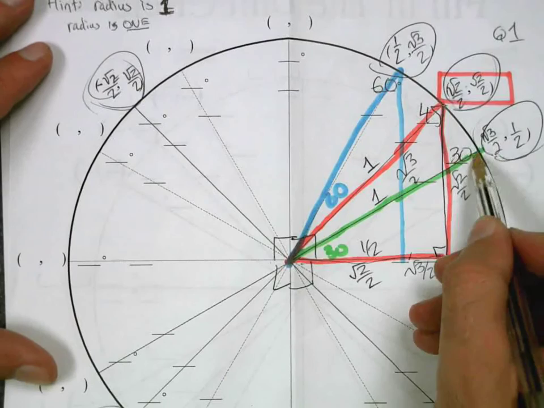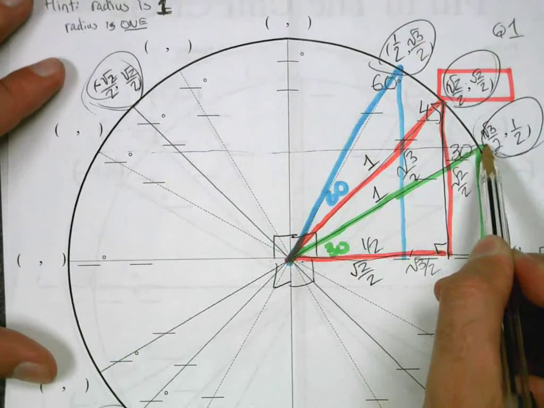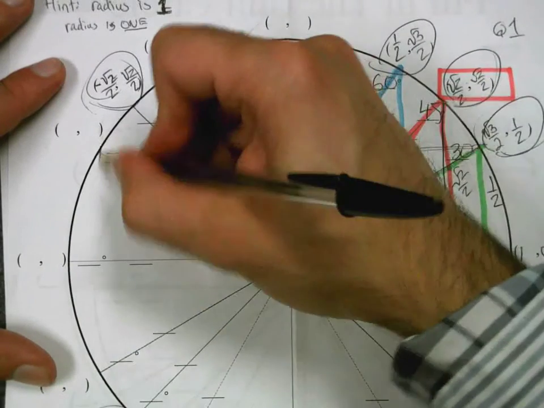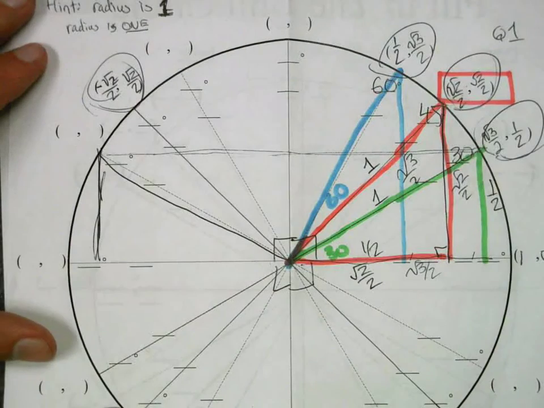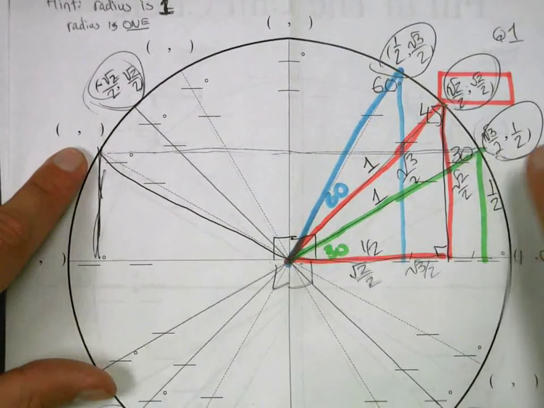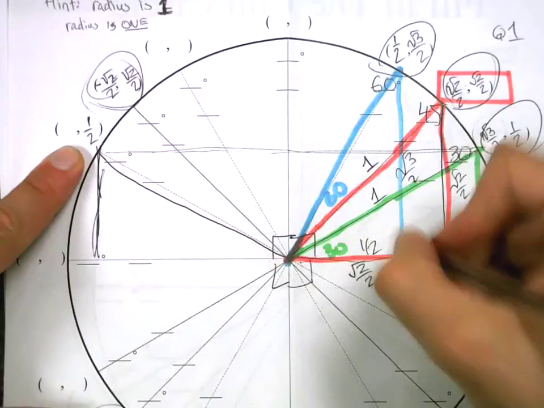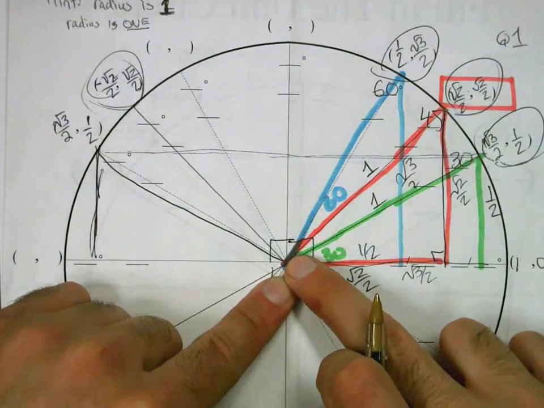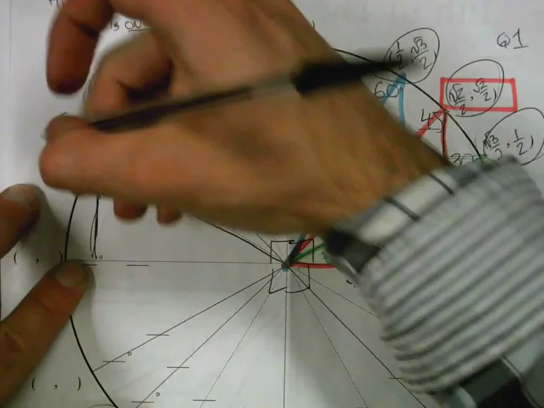If I sketch a line across, it would say that this reflects. So it would be like this triangle right there. That reflects with the green, which means that I would use the same points here. It's still the same height, which is 1/2. It's still the same distance, the square root of 3 over 2. The only difference is I went from 0 to square root of 3 over 2 to the right. This one time I went to the left, and so I need to add a negative there.